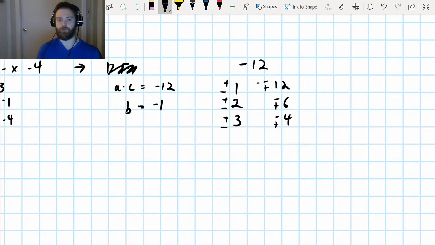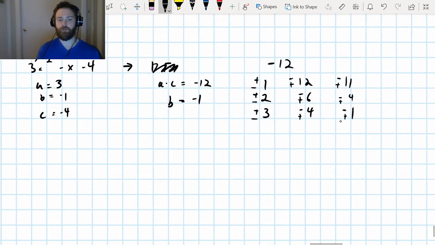So if I add 1 to negative 12, I'm going to get negative 11. And if I add negative 1 to positive 12, I'm going to get positive 11. So positive 2 minus 6 is going to give me negative 4 here. Negative 2 plus 6 is going to give me positive 4. So hopefully you're catching on to the plus minus thing. So positive 3 minus 4 is negative 1. And then negative 3 plus 4 is going to be positive 1.